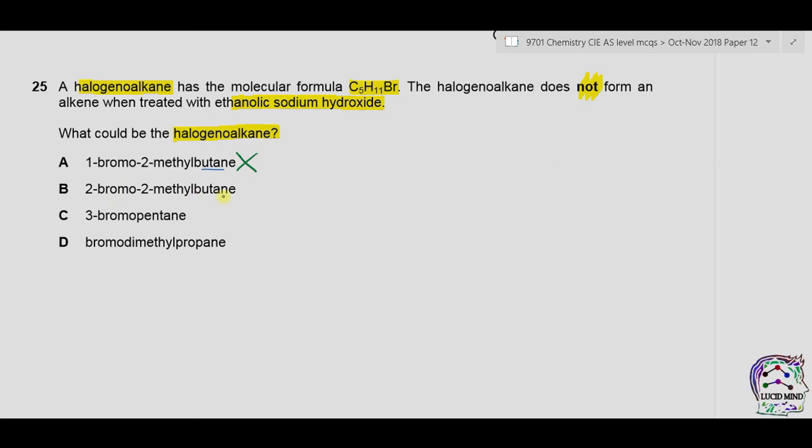B is 2-bromo-2-methyl-butane. So we have 4 carbon atoms in the long chain, as it is butane. On second carbon we have bromine and also methyl group. Again the molecular formula is same, C5H11Br.